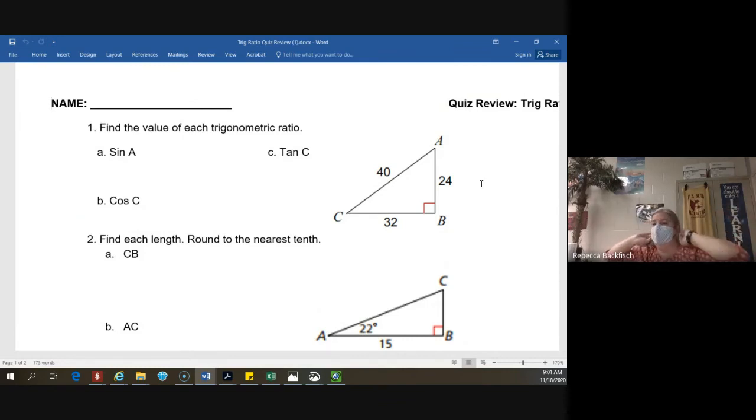You're just setting up a ratio according to the definitions of these trig functions. So go ahead and try 1A, B, and C. That was A.